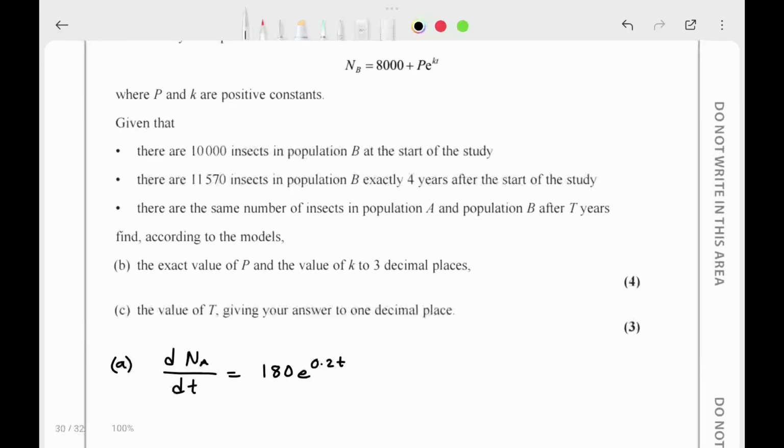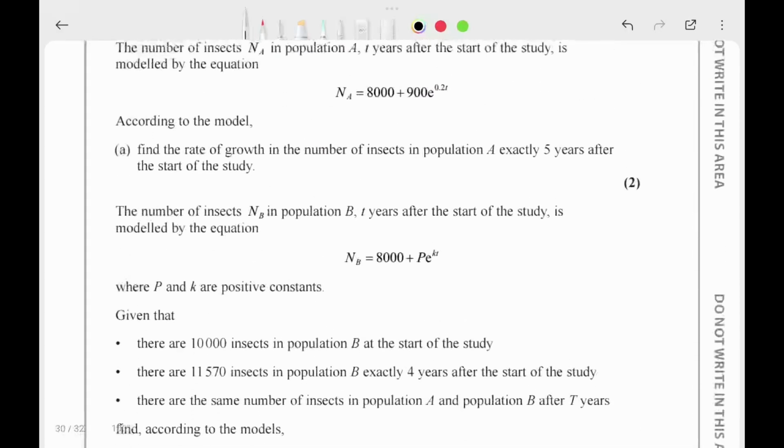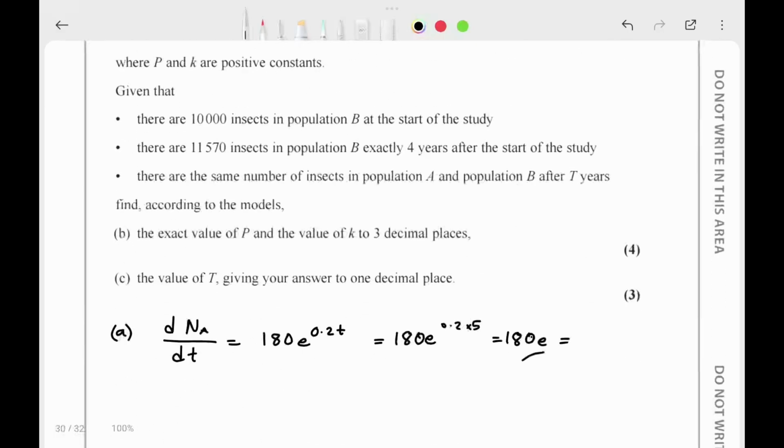So after 5 years, it's going to be 180 e to the power 0.2 times 5, which is 180e. So you can keep it at this, or you could convert it into actual values. I would like to keep it in this format because they didn't specify what format we need to keep it in. So I'm just going to keep it simple.